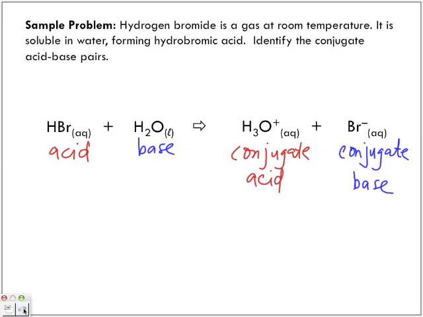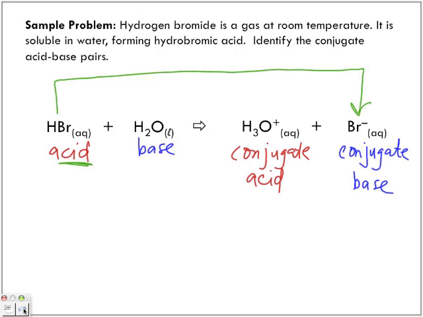So if we're looking at something called the conjugate acid-base pair, we're always looking at it as the acid has a conjugate base. So we take acid and think of it this way: acid linked with its conjugate base.